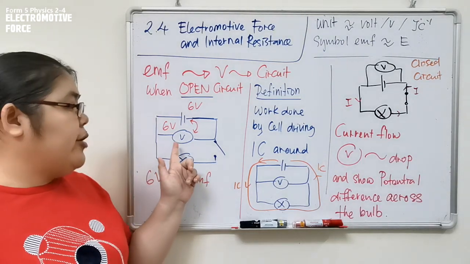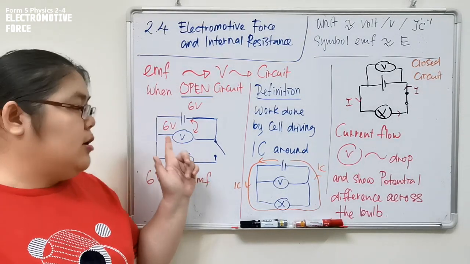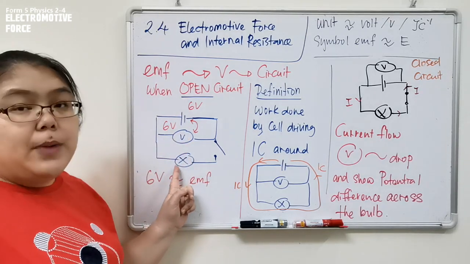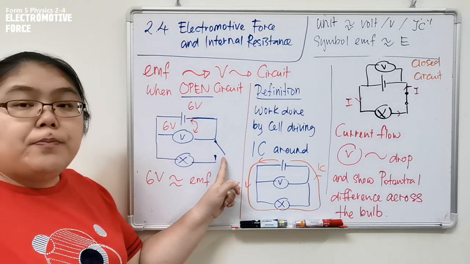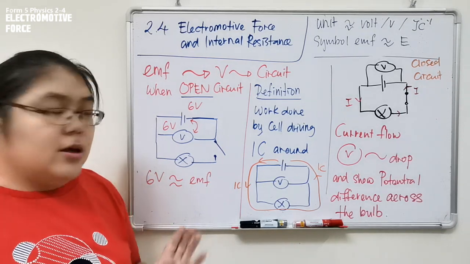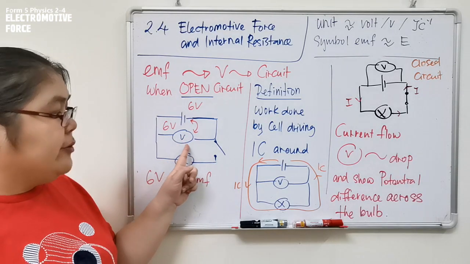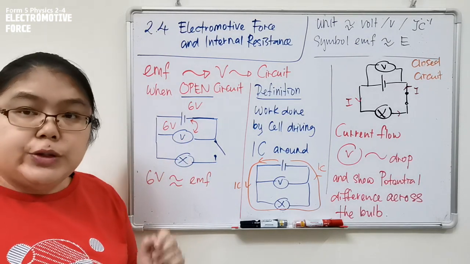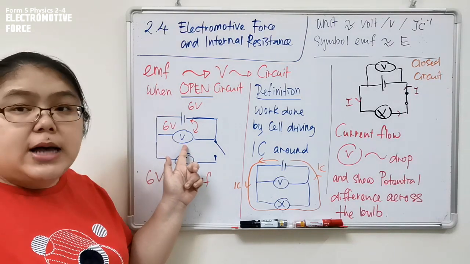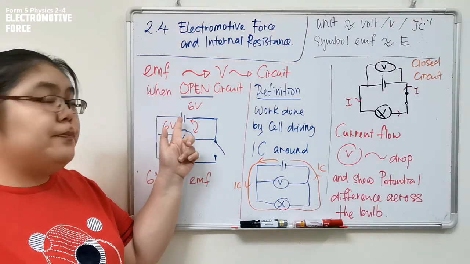Let's see the circuit here. The voltmeter is joined in parallel, and this one is a bulb. Now the situation is open circuit, that means the switch is open. Switch open means no current, but the voltmeter can still show the reading. The reading represents the voltage of the battery.